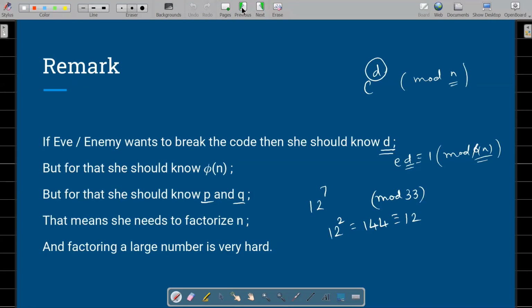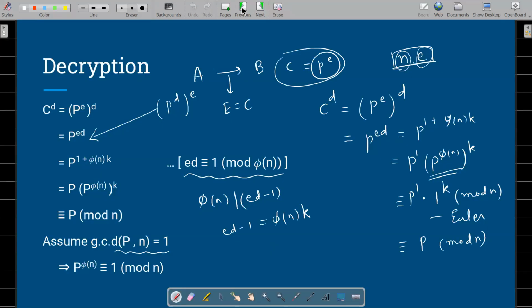So I was confused a bit. What he will do is use B's E. So maybe I should have written that as N_B, E_B. So this is E_B, so E of B, right? And B knows his N, E, and D, and therefore this is correct.